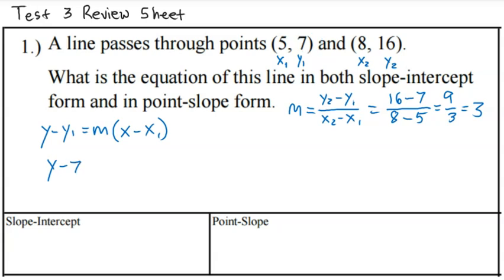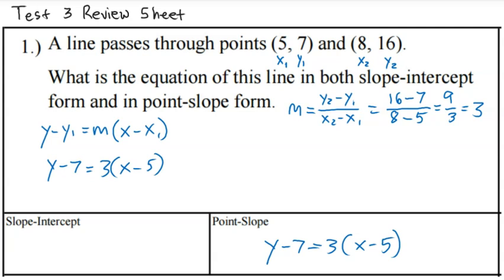So y minus 7 equals m, which is 3, times (x minus 5), and so we're done. So our point-slope form is y minus 7 is equal to 3 times (x minus 5). Full points.